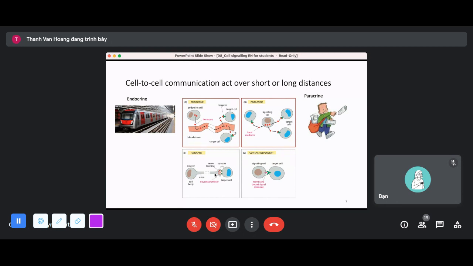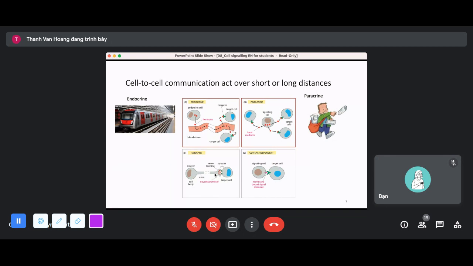When a cell secretes a signal molecule and the cells in the neighborhood can sense the signal, it's paracrine. And if a cell produces a signal and sends the signal to itself, because it has a receptor for its own signal, they call it autocrine.